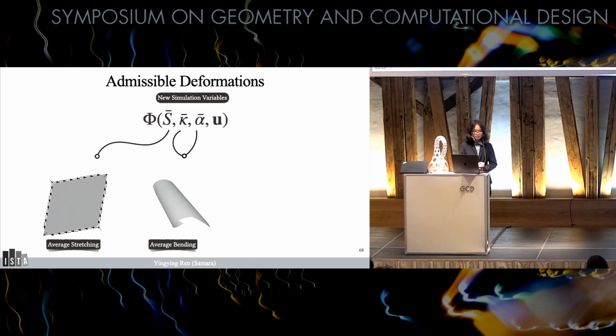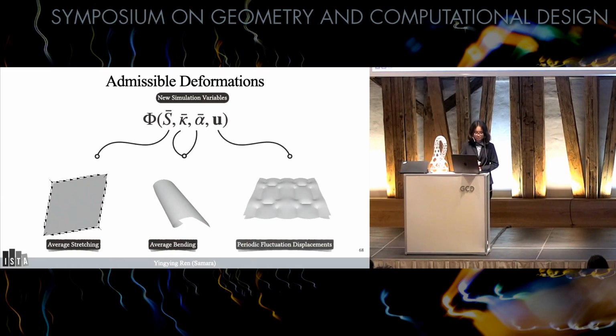Lastly, we have the vector U, which specifies the fluctuation displacement, which allows the sheets to relax into equilibrium states that are consistent with the average stretching and bending. With this parameterization, we can transform the periodic boundary condition into just equality constraints defined on the fluctuation variables only, and we can again implement this efficiently through a change of variables so that we solve an unconstrained optimization problem in the end.